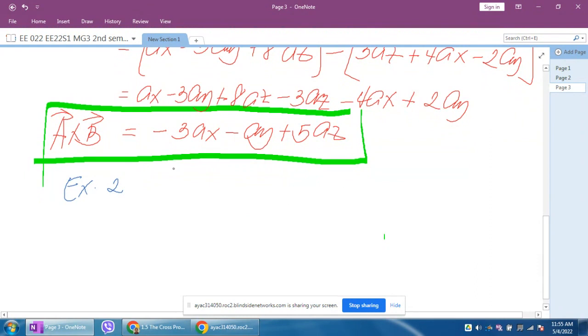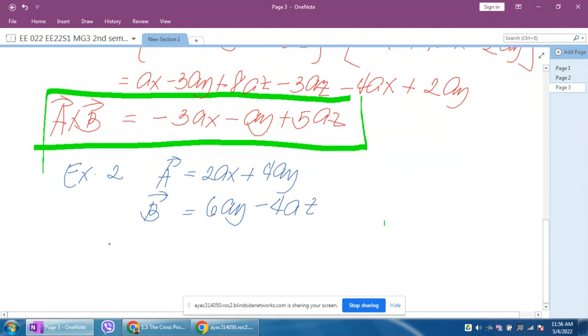Okay. Ang given, you have vector A is equal to 2ax plus 4ay. Vector B is equal to 6ay minus 4az, sorry.